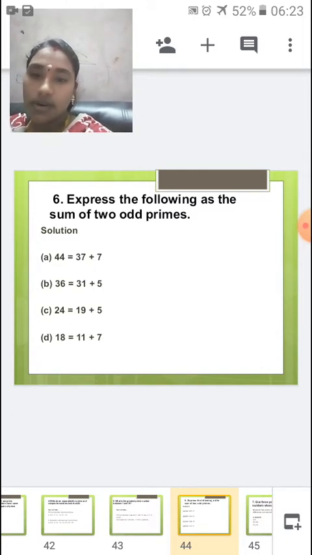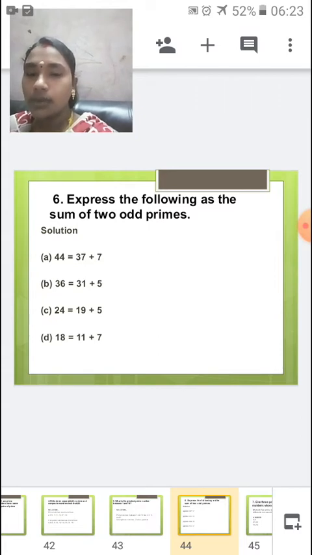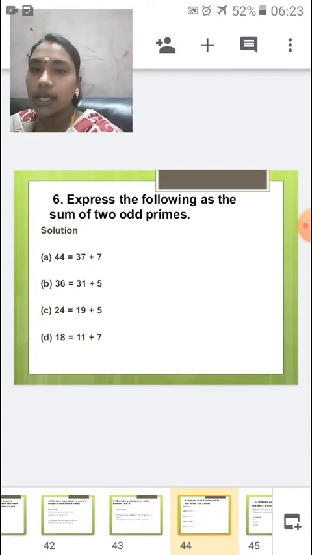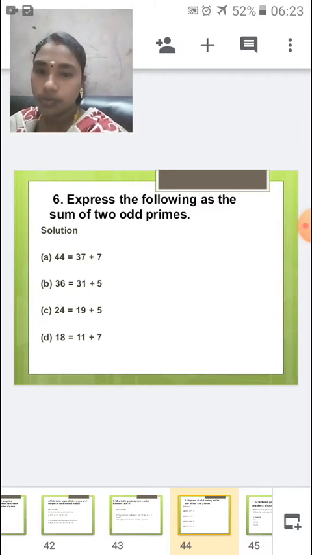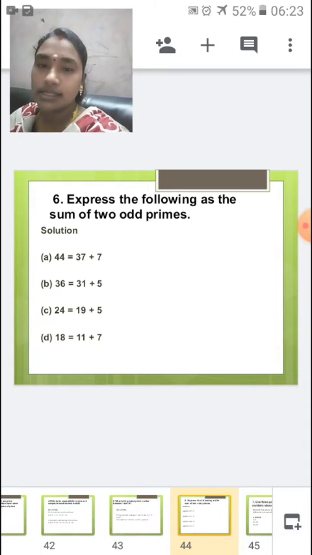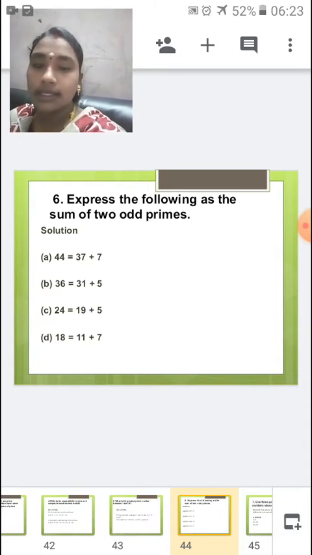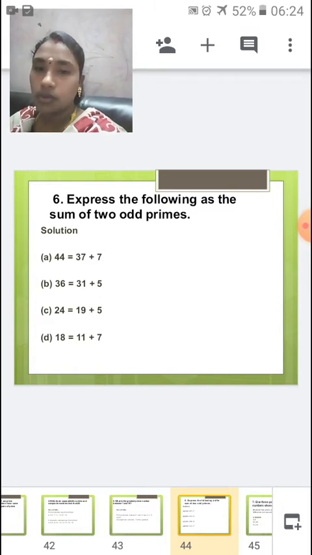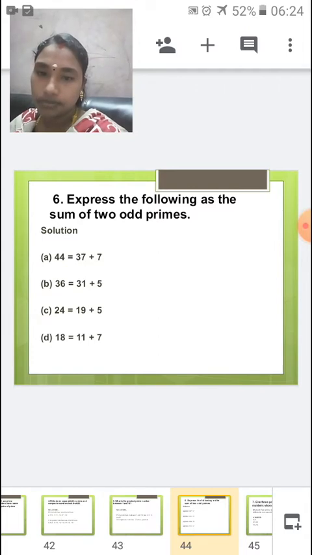Let us take the first one, 44. When we add two odd primes, we need to get the number 44. So let us take 37 plus 7. When you add 37 plus 7, it becomes 44. So 37 and 7 are odd prime numbers.